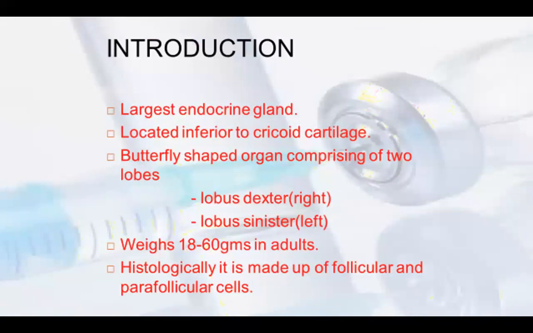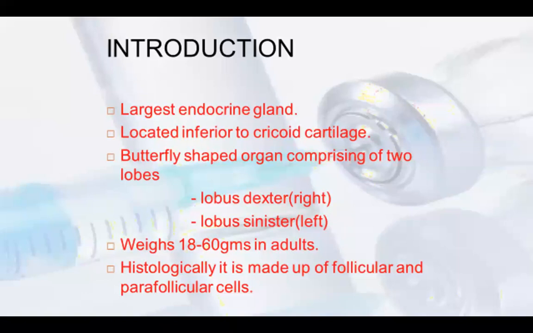Further, you know about this one, the largest endocrine gland, located inferior to the cricoid cartilage. It's a butterfly-shaped organ comprising two lobes, dexter right and sinister left.